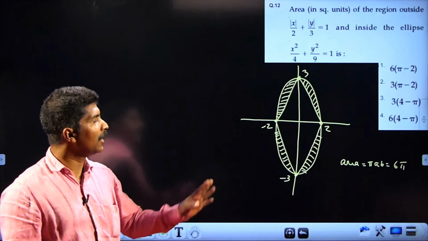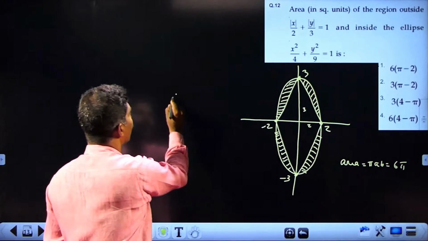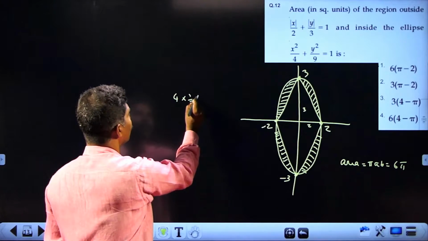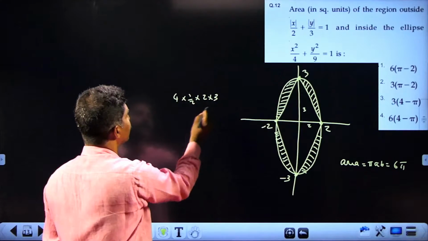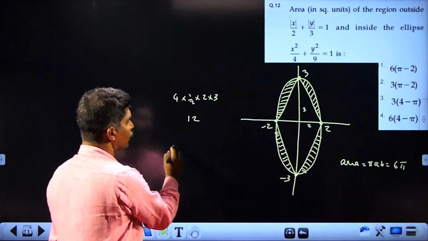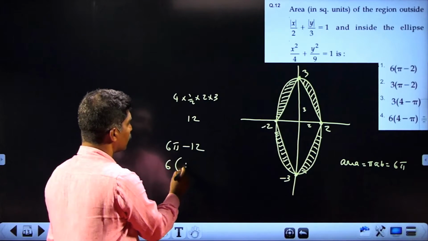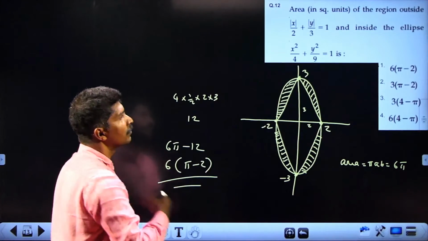The area of the parallelogram is 4 times half into 2 into 3, that is equal to 12. Total area minus 12. So the required area is 6 pi minus 12. You will take 6 outside, 6 into pi minus 2.